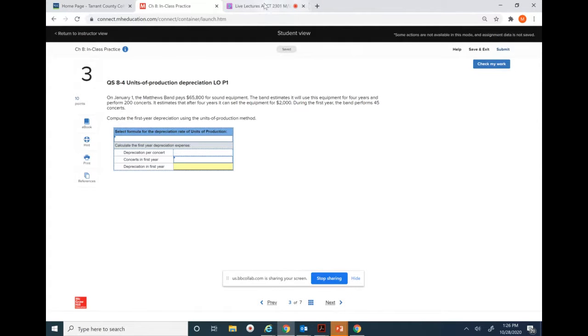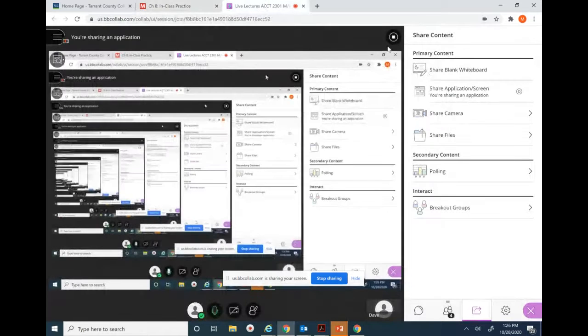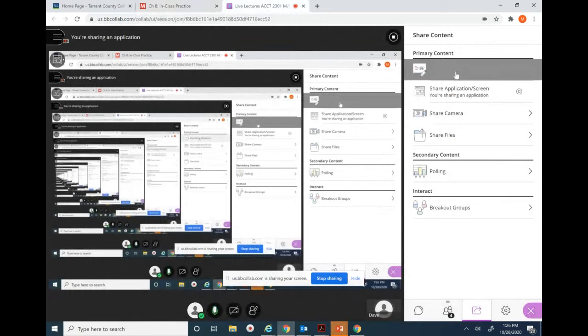When we are working with the units of production, I'm going to share my whiteboard again. The second depreciation method, if you remember from just a few minutes ago, is the units of production.